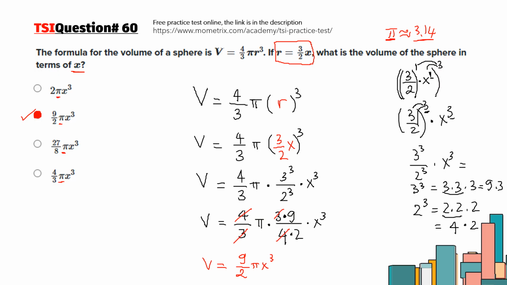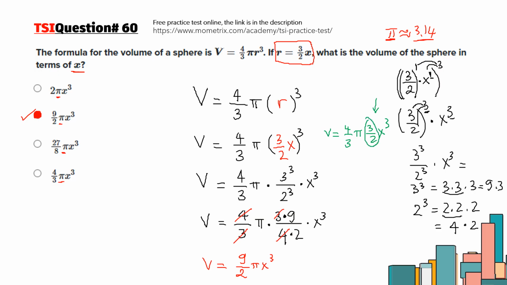If we do not have the parentheses, it may look like this when you plug in: V equals 4 over 3 pi times 3 over 2x cubed. Now you see that we miss this part, the cube.